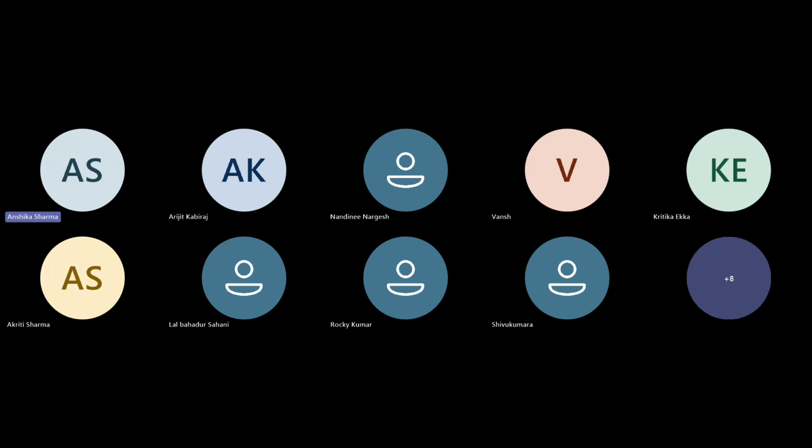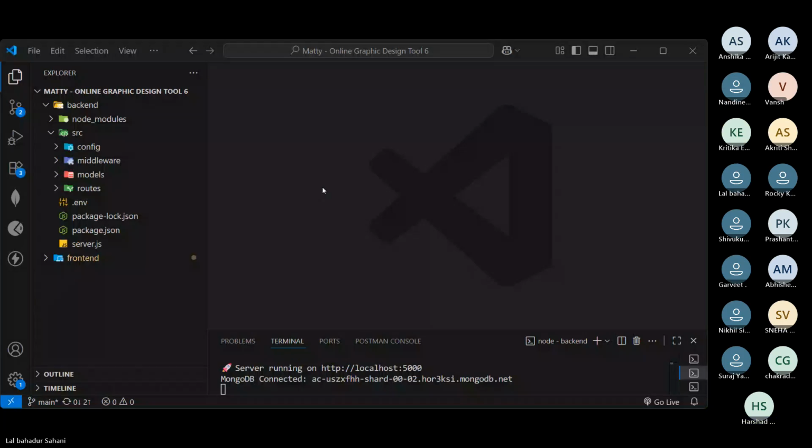Okay, fine, you can start then. Your group members are here? Yes, ma'am, only two members are here in the meeting. Okay, fine, then complete your presentation. Okay, ma'am. Is my screen visible, ma'am? Yes, it is visible. Okay, ma'am.